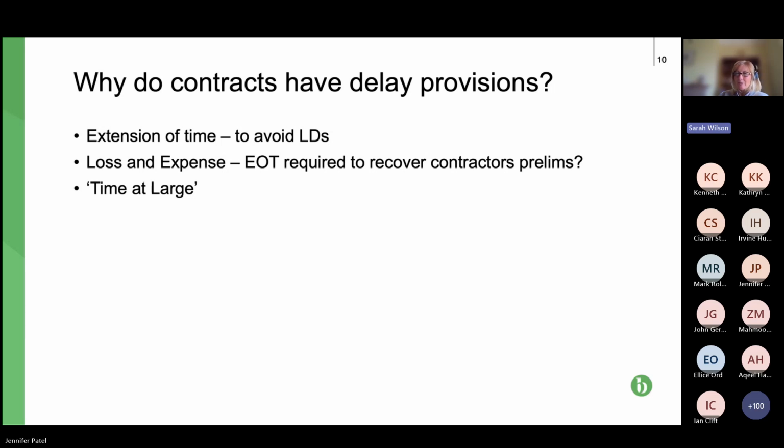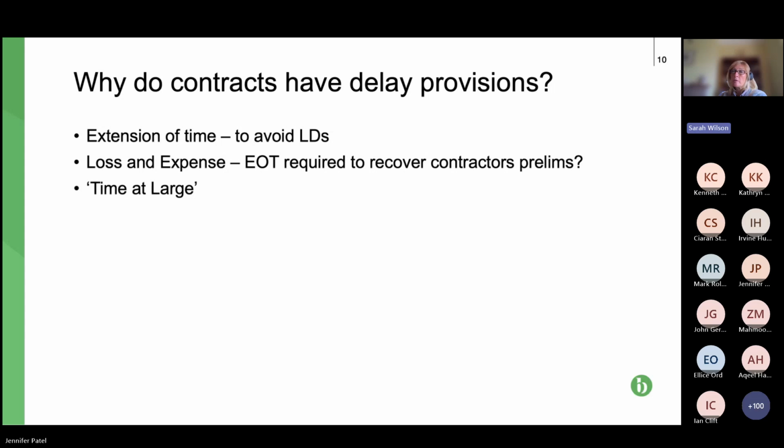So you're starting further back than you should have, or than you would have if you had a completion date. And then, of course, we need that, because if the project gets extended, both parties are suffering loss.